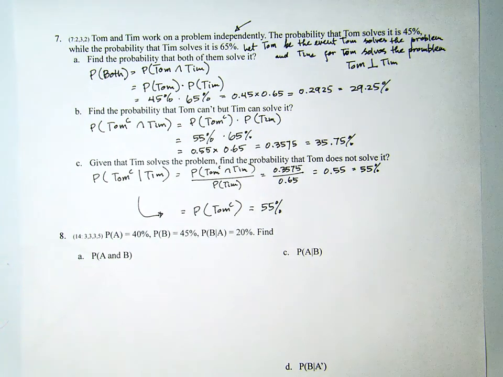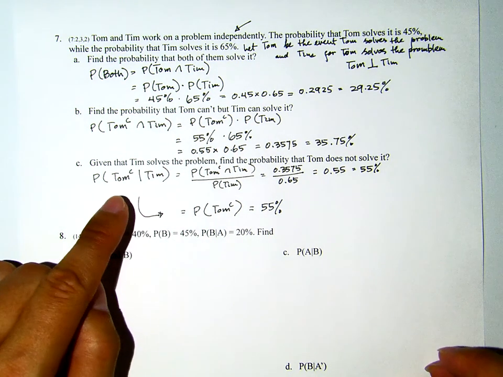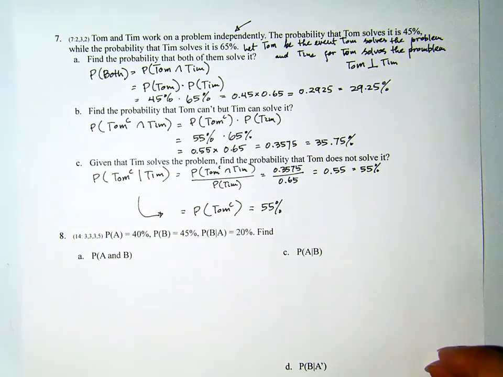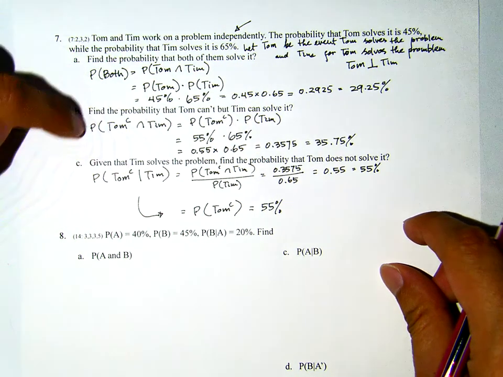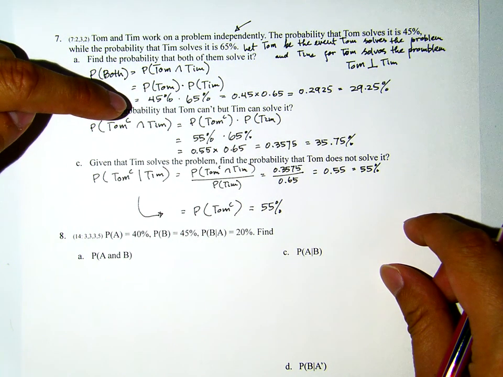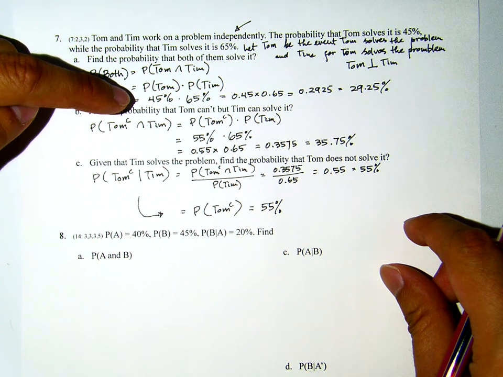So you see that part C can seem like a harder question, but it is actually not that hard. Just imagine if I twist the problem and say, given that Tom solved the problem, find the probability that Tim does not solve it. If you use the first method, you need to redo part B. You see what I mean?